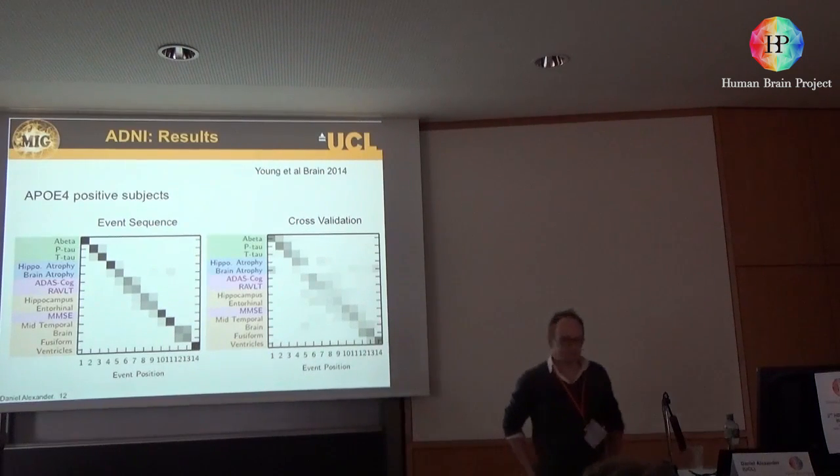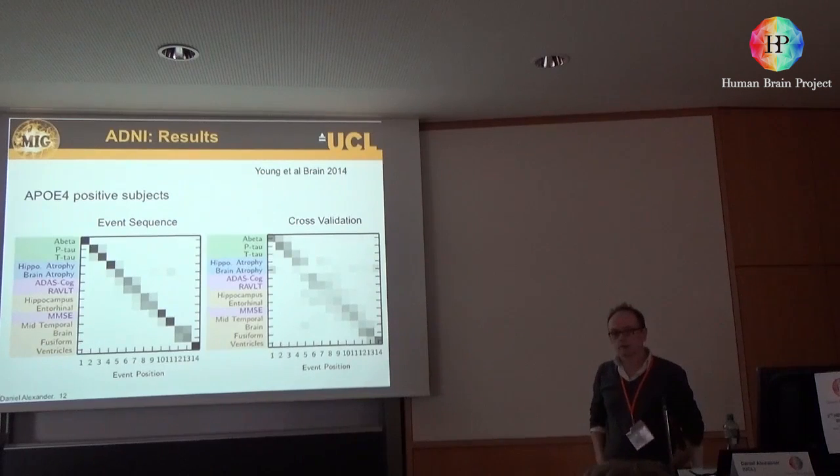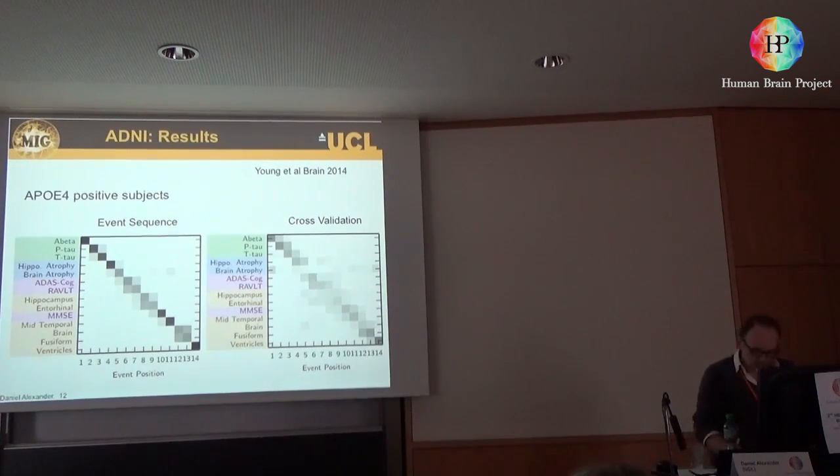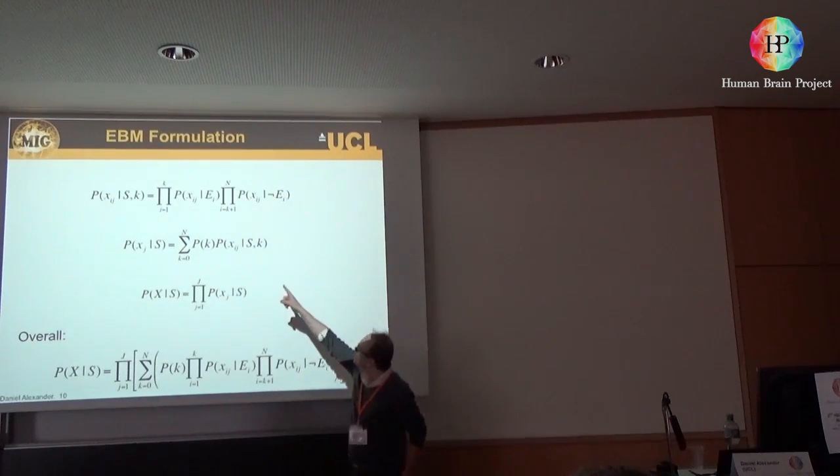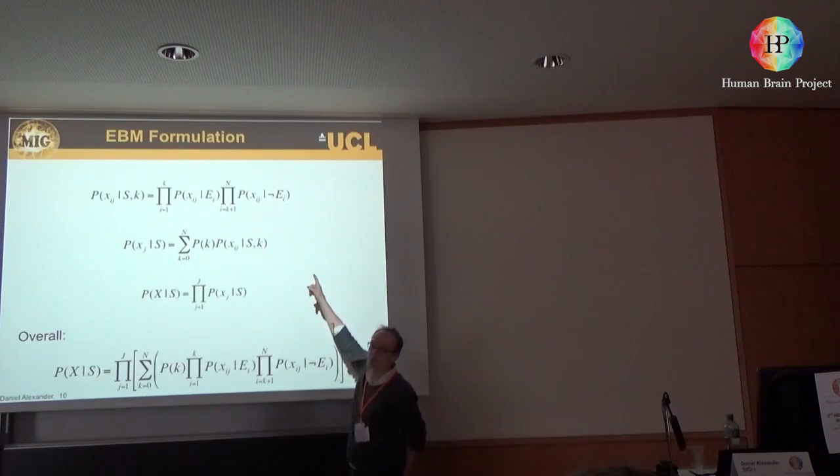Sorry, I didn't realize, why is the absence of a control so critical for you? Yeah, so I glossed over something quickly back here, which is how we estimate the probability of a biomarker value given that the event has occurred and given that it hasn't occurred.